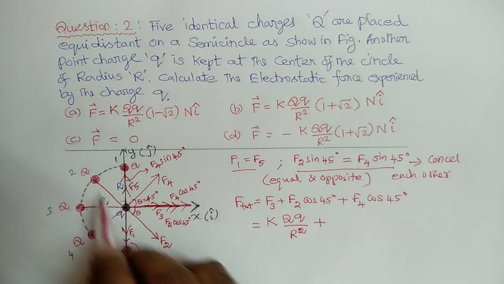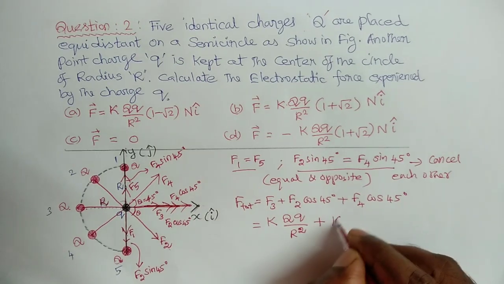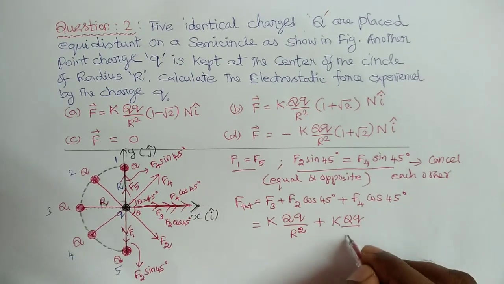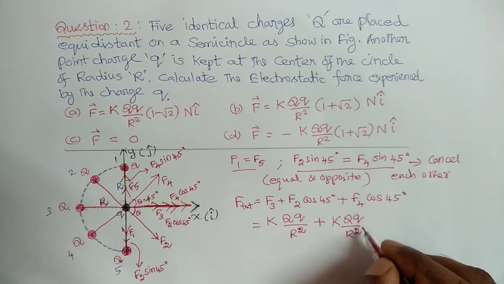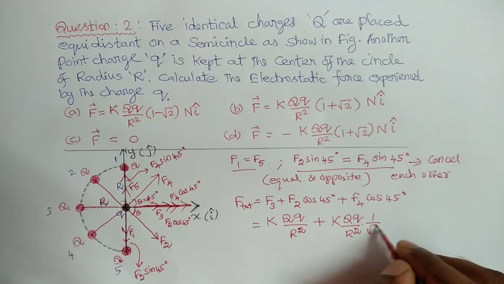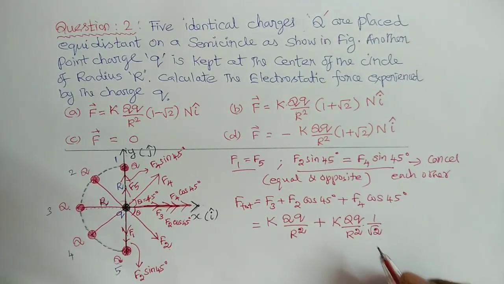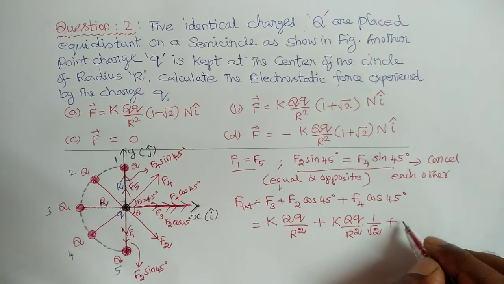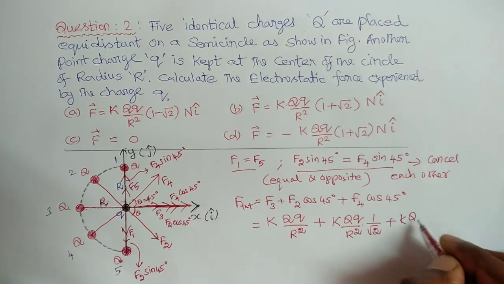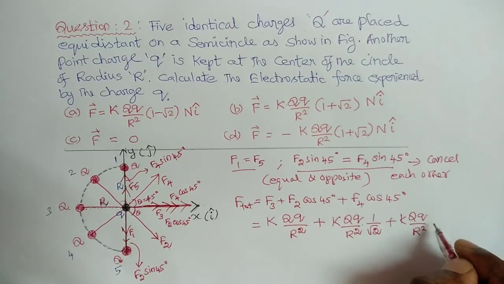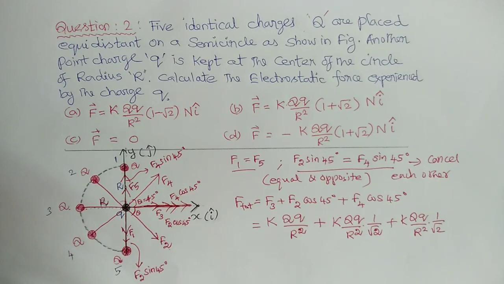So F2, K Q by r square into cos 45 degree. We know that cos 45 is equal to 1 by root 2. Similarly, we'll write F4. So K Q by r square into 1 by root 2.